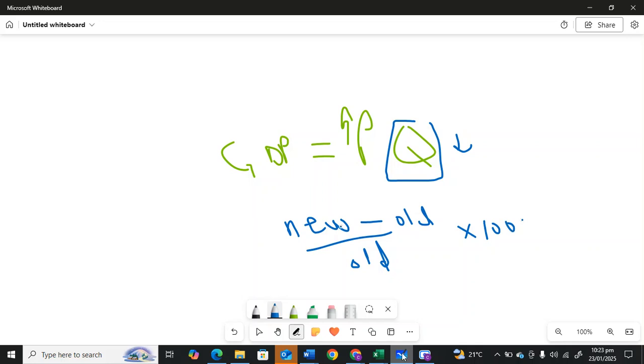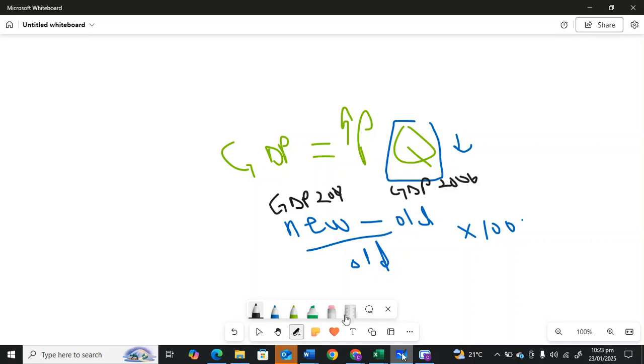In this case, the new is the GDP for the year 2007 and the old is the GDP for the year 2006.